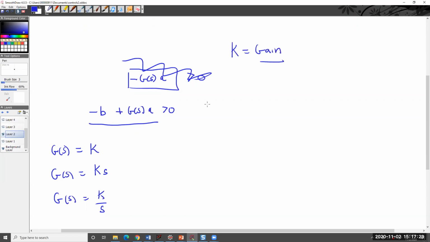It's just a number. Good question. So let's write that out. So you have minus b plus ka, and we're saying our feedback function is just proportional.